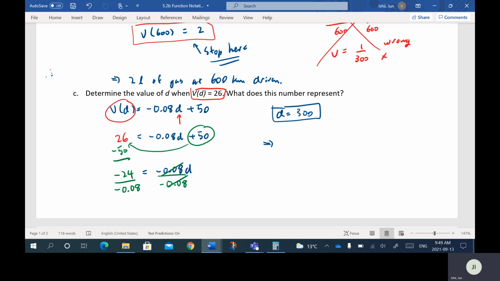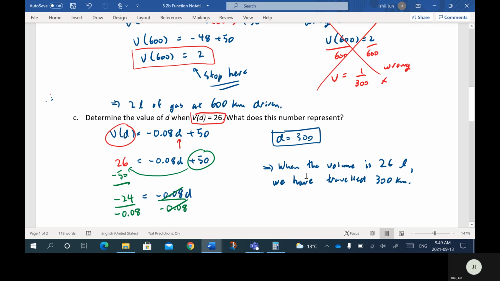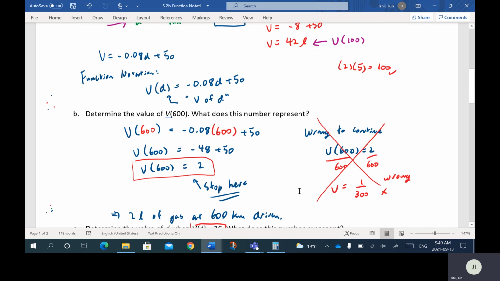So when the volume is 26 liters, that means that we have traveled 300 kilometers. V of D equals 26, so when the volume is 26, we have traveled 300 kilometers. Distance is 300. This is just the other way, plugging into the other side of the equation to solve it. Hopefully that makes sense.